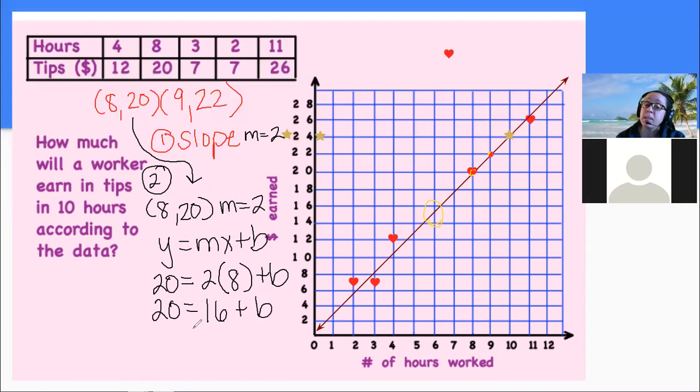I have a one-step equation, so how would I get that 16 away from the b? How would we cancel the plus 16?